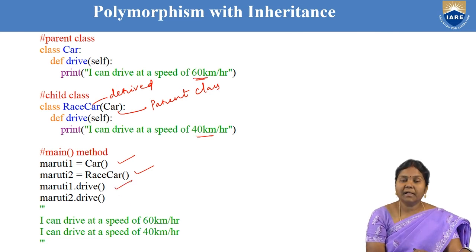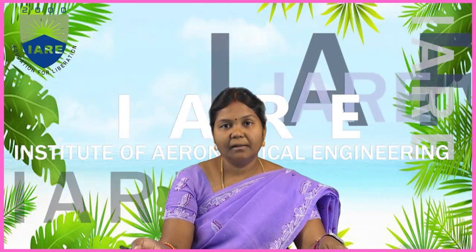The parent class method will be executed. Maruti 2 dot drive: Maruti 2 is the object of the child class, so the drive method of the child class will be executed. This way, the polymorphism and inheritance concepts can be combined and you can write programs.